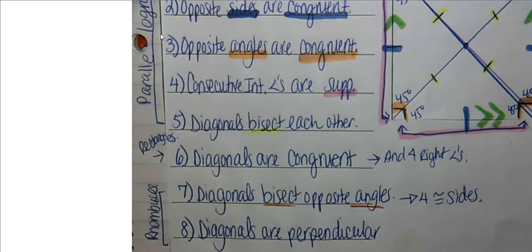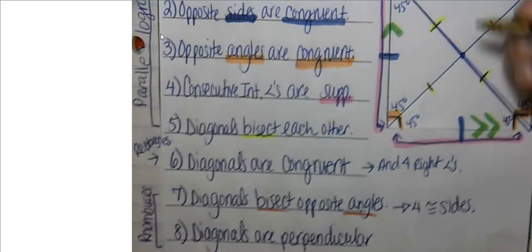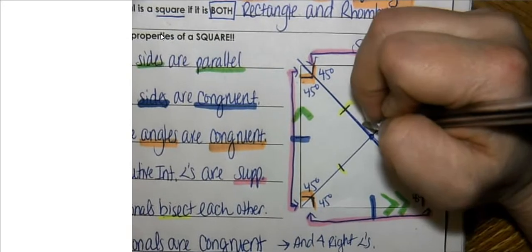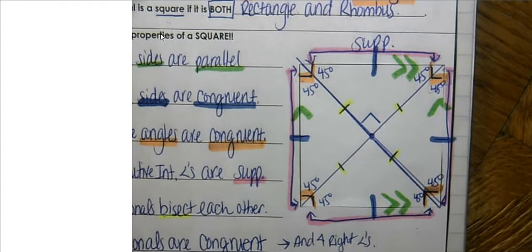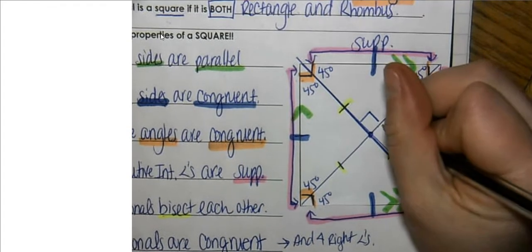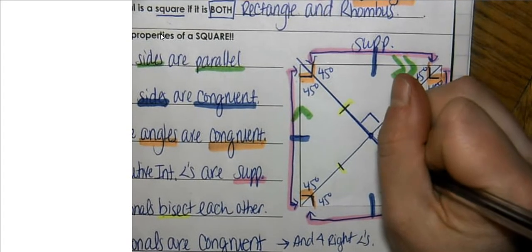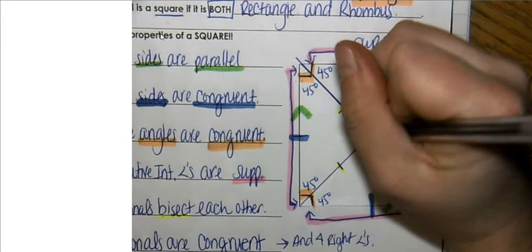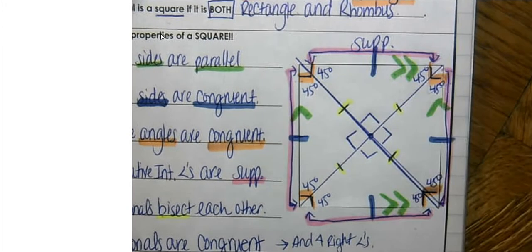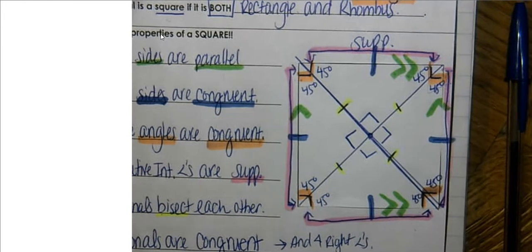And that is that the diagonals are perpendicular. So they will intersect to form right angles. So there exists right angles going all the way around. So we have 4 right angles all the way around each side.